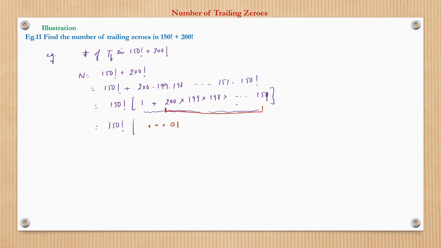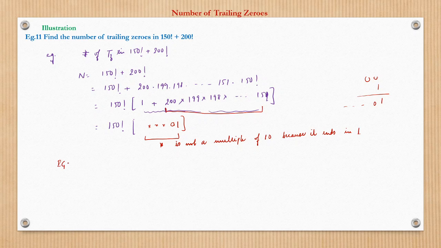Because this number ends with 00 something, and then we add 1. So for sure this is not a multiple of 10, because it ends in 1, right? So whatever 10s we get will come from 150 factorial.